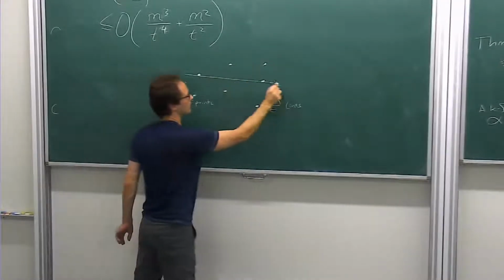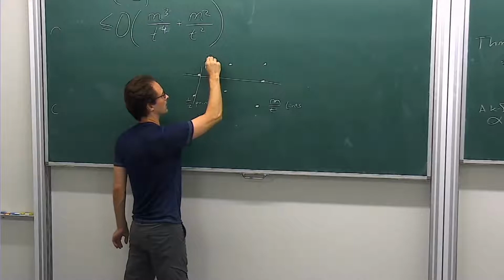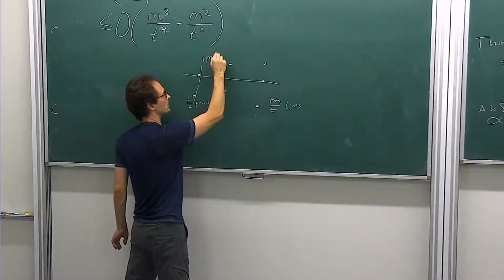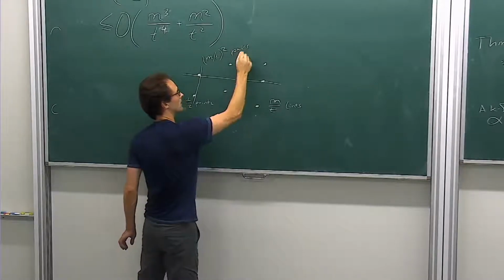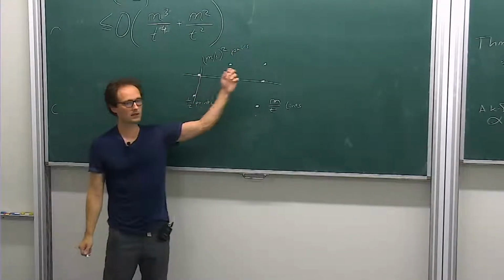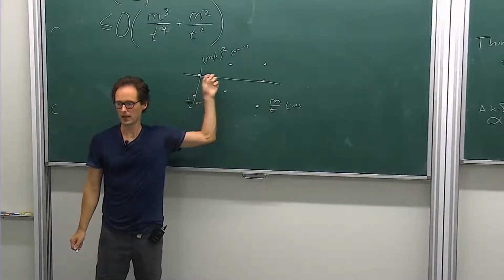And now we have m over t squared pairs. And there's a distinct t-rich plane.